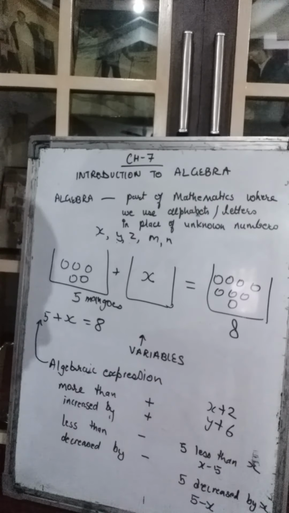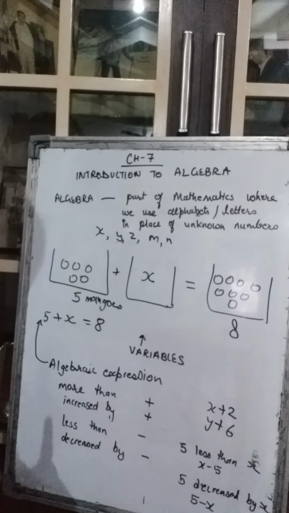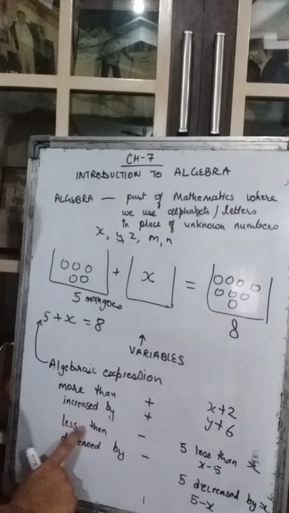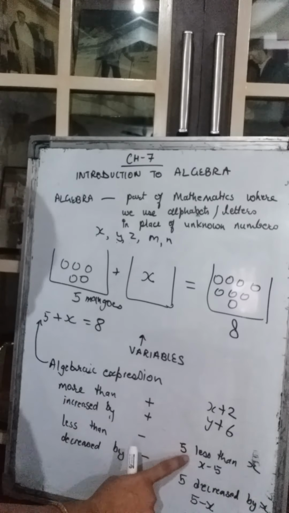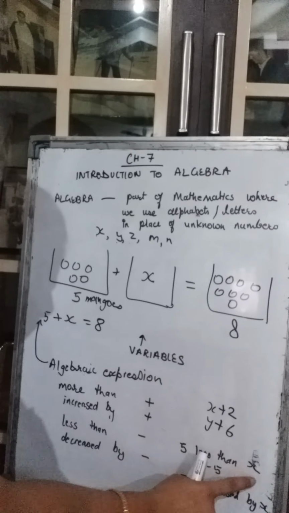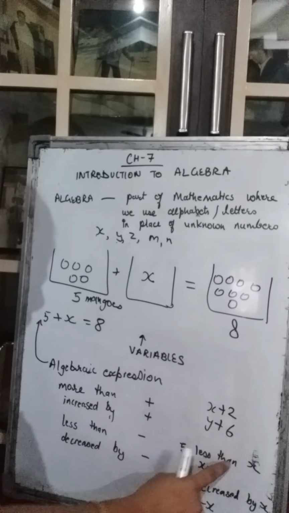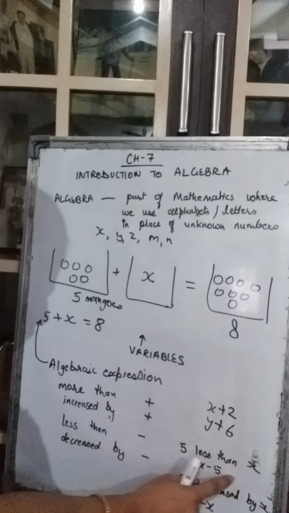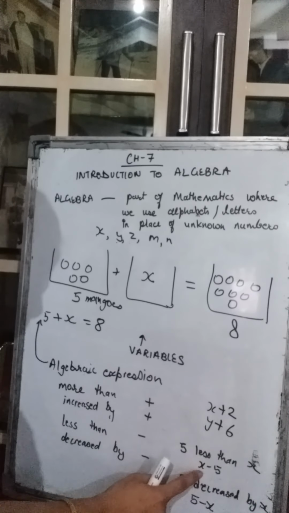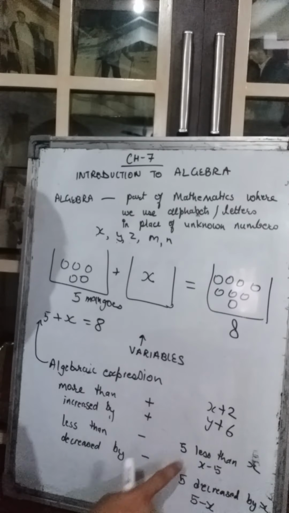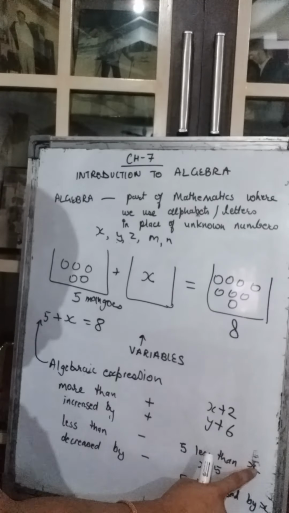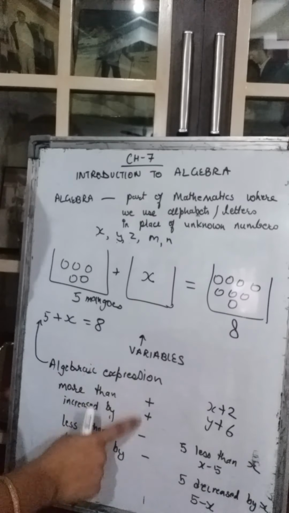But this minus sign is very tricky. Girls, please understand this very carefully. Whenever the words less than come, suppose I say 5 less than x. Whatever is there after than will come first. So it will be x minus 5. Why? Because it is 5 less than x. In plus, anything can come.